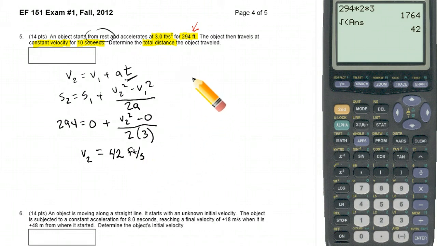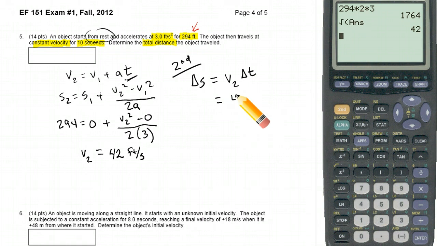Okay, so delta S for the second part is equal to the velocity times the time. That comes from, for constant velocity, V2 equals delta S over delta T. So that is our 42 times 10, and we need a calculator for that: 420 feet.